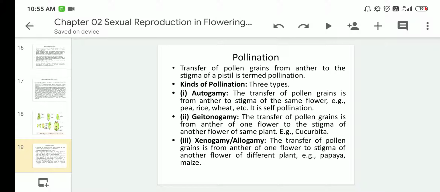It is also called self-pollination. You might remember in class 10th we studied self-pollination and cross-pollination.